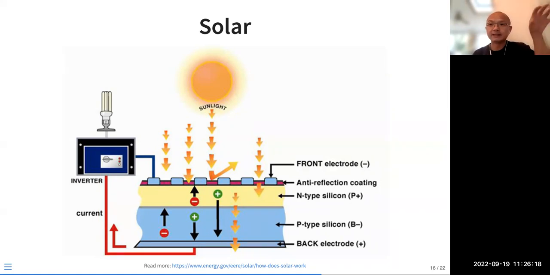Once light hits it, the photon in the sun activates the electron, and that makes the electron active, and it can flow through the electric field and fill the hole in the P-type silicon.